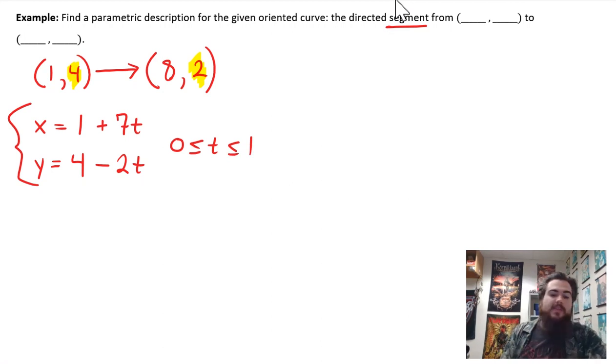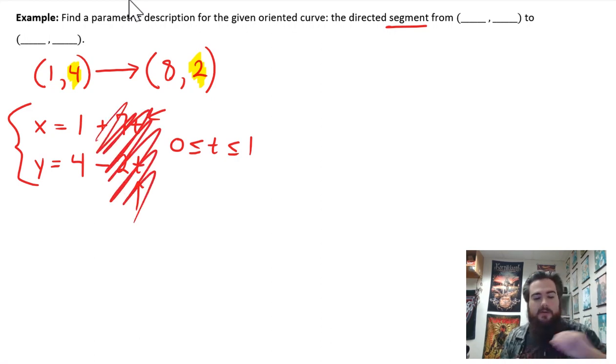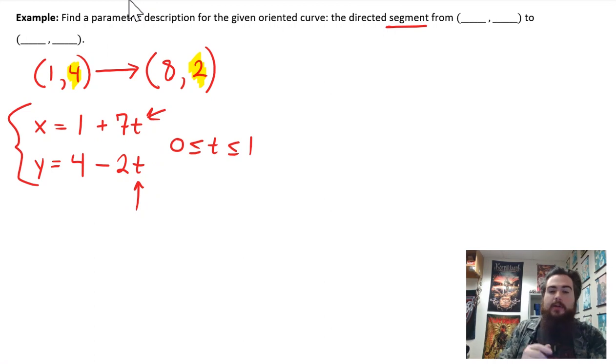If you think about what this does when we plug in these values, if we plug in 0 for t, that's just going to get rid of that second term, and we're just going to have x equals 1 and y equals 4. But if you plug in 1 into these equations, you will have x equals 1 plus 7 times 1, which is 8.